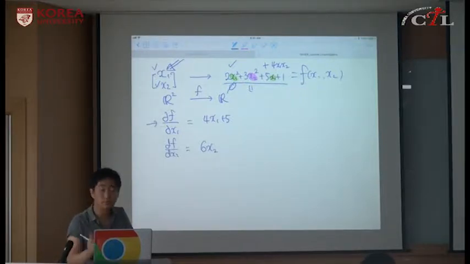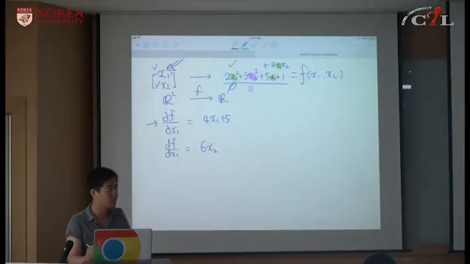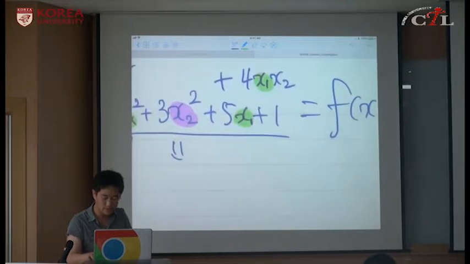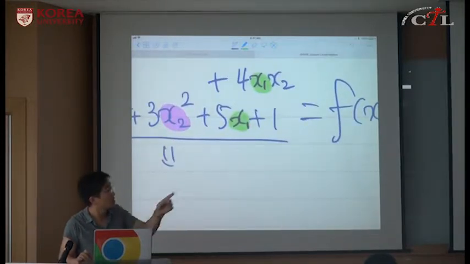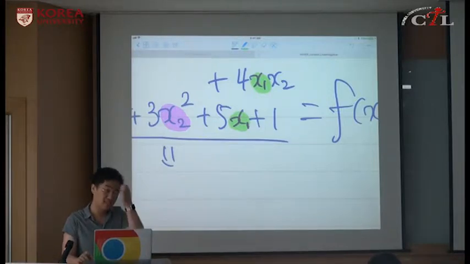Okay, and then in this case, back to this partial derivative with respect to x1, this guy is our variable. So what is the partial derivative with respect to x1 given this 4x1x2? Can anyone tell me the partial derivative with respect to x1?